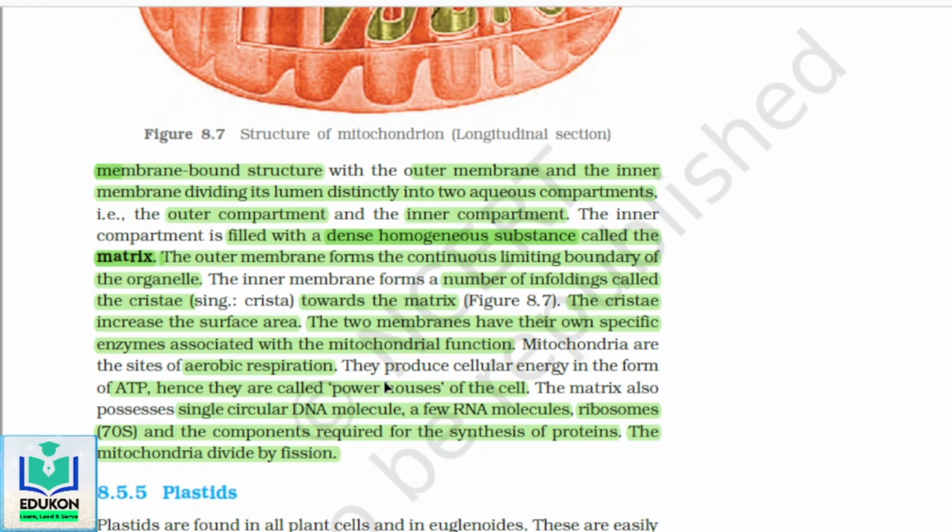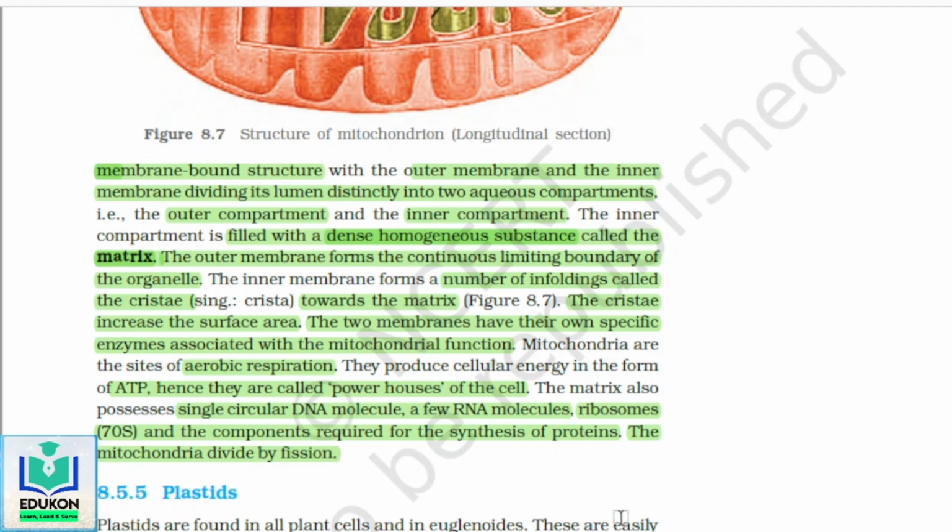Here powerhouse is an easy, straight question, so mostly you will not get it, but you will get questions like mitochondria possess a single circular DNA molecule. You can also extract questions like: mitochondria contain 1, circular DNA molecule, 2, RNA molecules, 3, ribosomes, 4, all of the above.